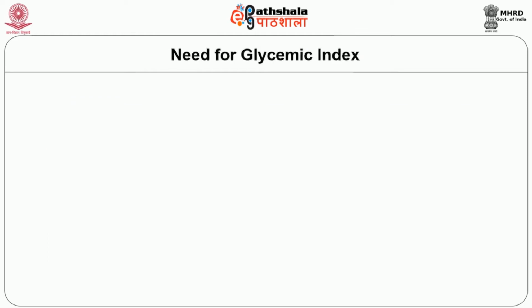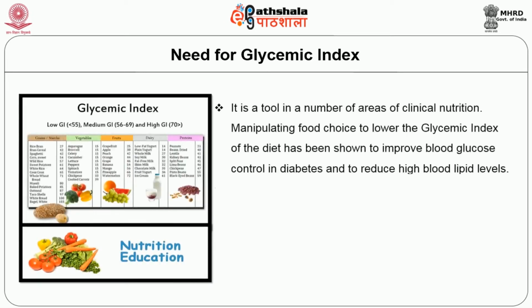And now we will have to know why glycemic index, and the need for this glycemic index. Glycemic index is a valuable nutrition education tool in a number of areas of clinical nutrition. Manipulating food choices to lower the glycemic index of the diet has been shown to improve blood glucose control in diabetes and also to reduce high blood lipid levels.